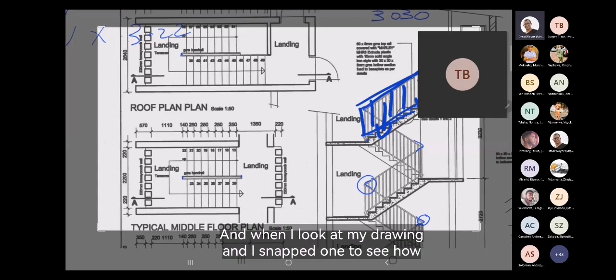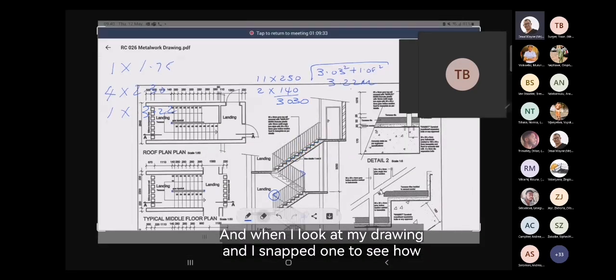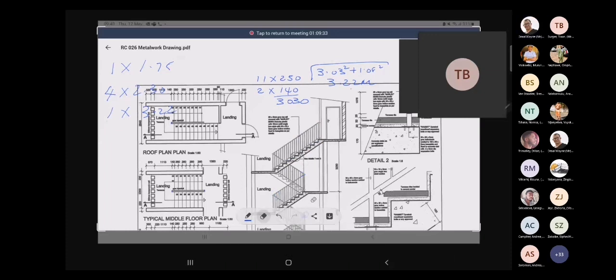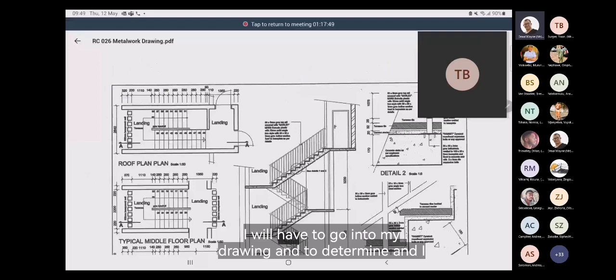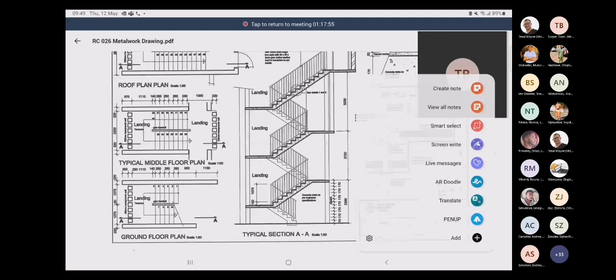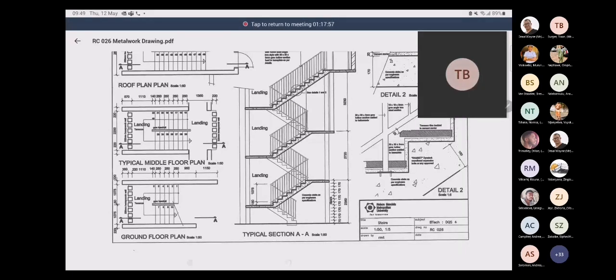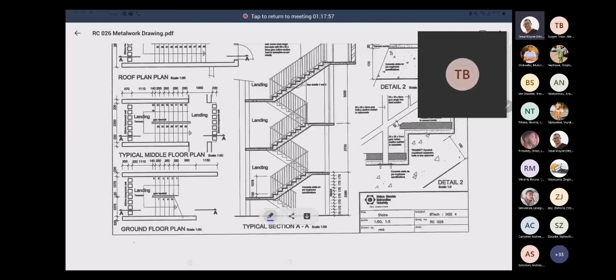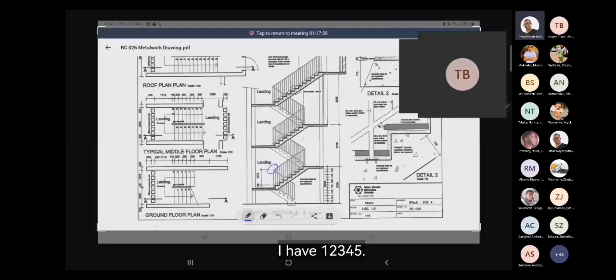And when I look at my drawing and I want to see how many I have here, I will have to go into my drawing and determine, and I see that I have 1, 2, 3, 4, 5. You guys agree? I have 5 of them.